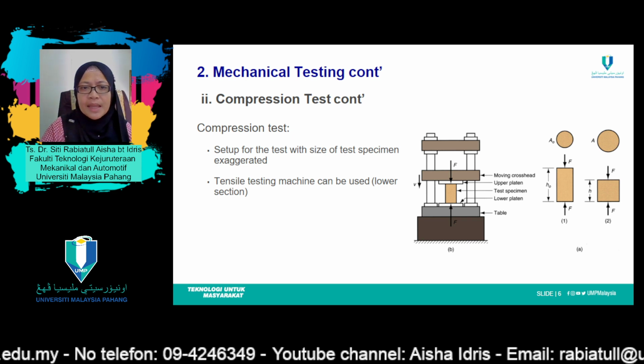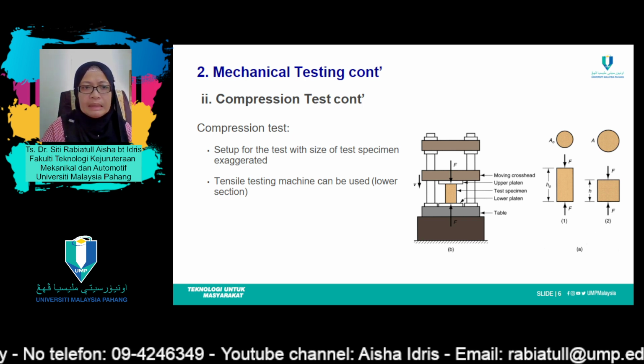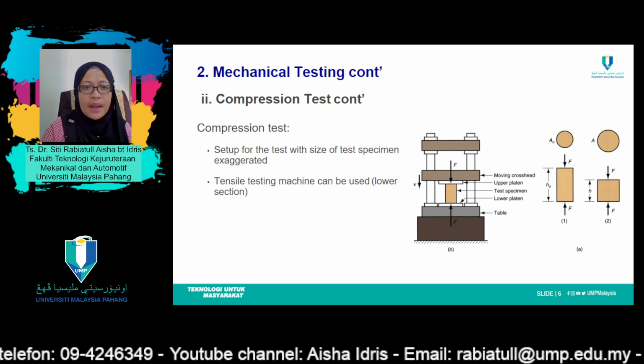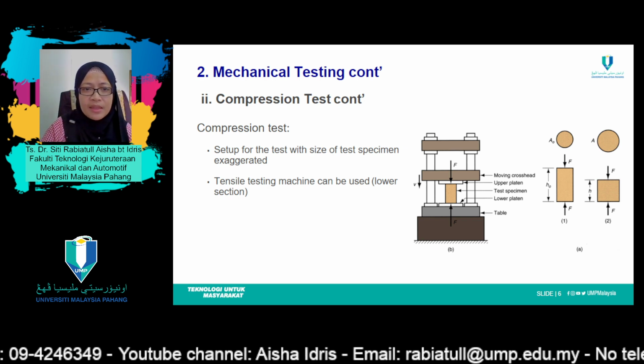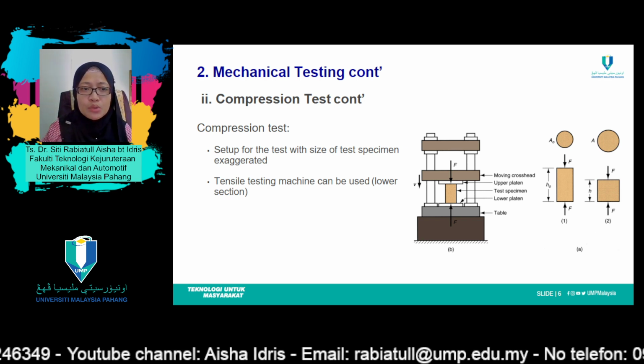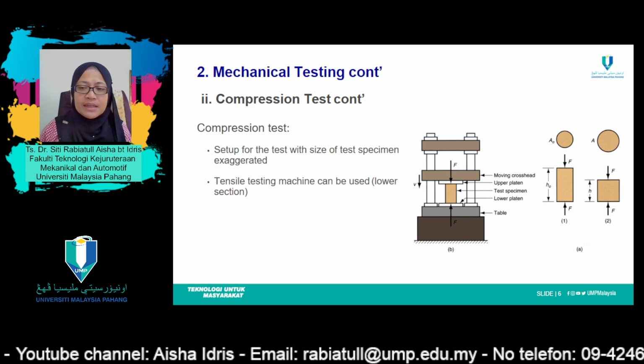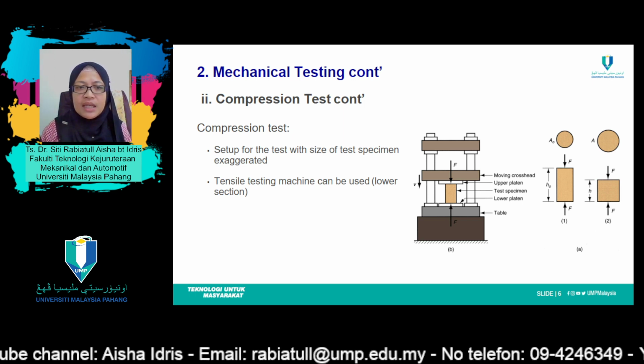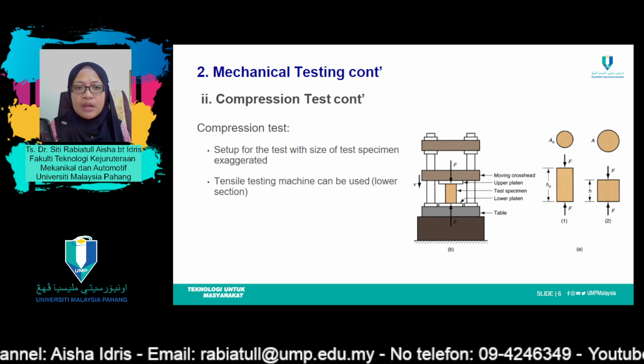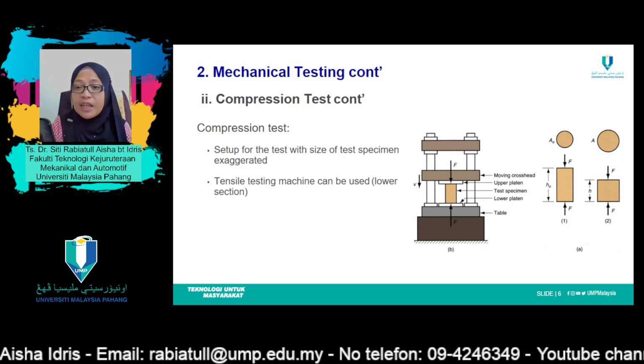A compressed sample is usually shortened in the direction of the applied forces and expands in the direction perpendicular to the force. A compression test is essentially the opposite of the common tension test.